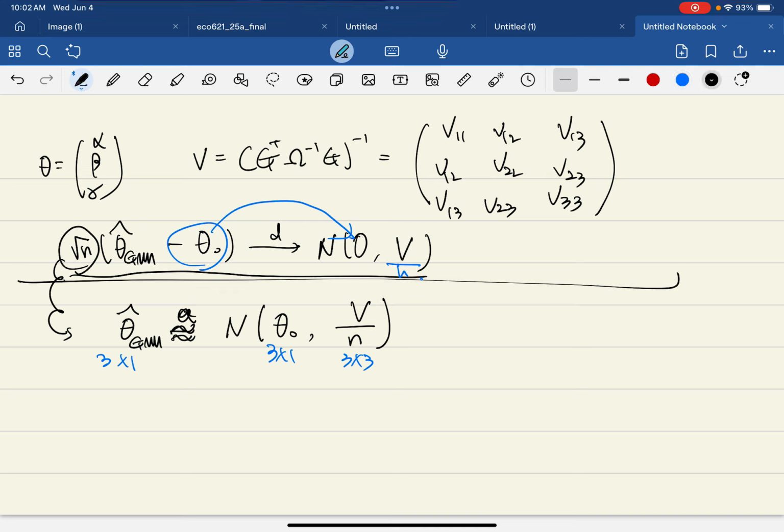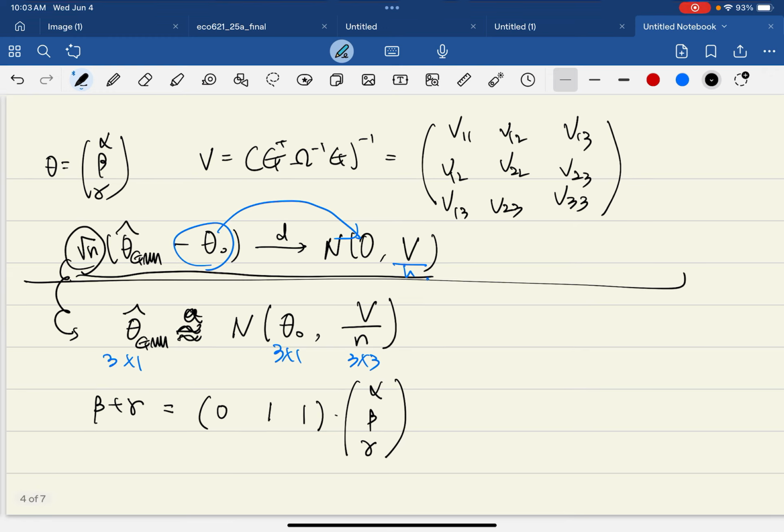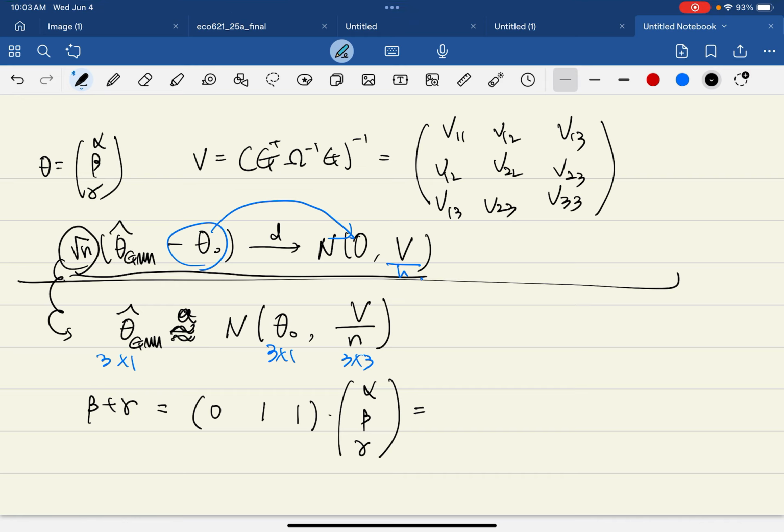And here we are interested only in beta plus gamma. So beta plus gamma can be written as 0, 1, 1 times alpha, beta, gamma. It is matrix notation, like vector notation. So I am going to write this as r times theta, or you may put a transposition there, where r is 0, 1, 1.